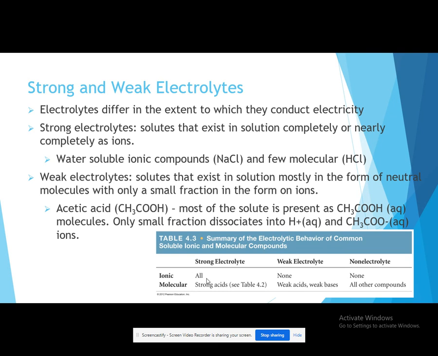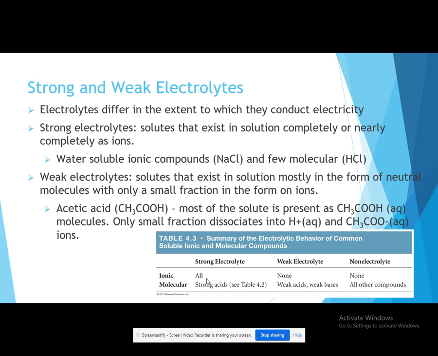Water-soluble ionic compounds are usually strong electrolytes, and a few molecular compounds are as well. For weak electrolytes, the solutes exist in solution mostly in their normal form, and only a small amount of them get solvated. So with acetic acid, most of it is present as acetic acid molecules, and only a few of them separate into H+ ions and CH3COO- ions.